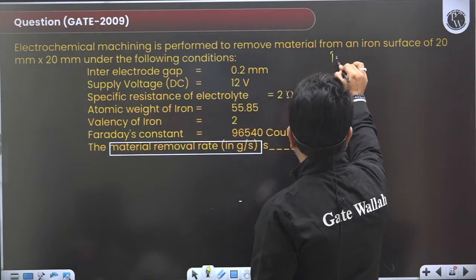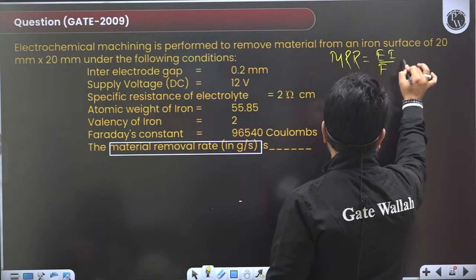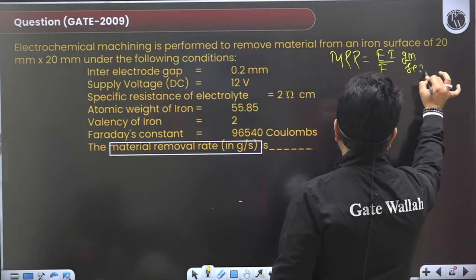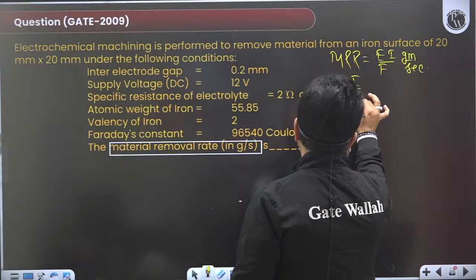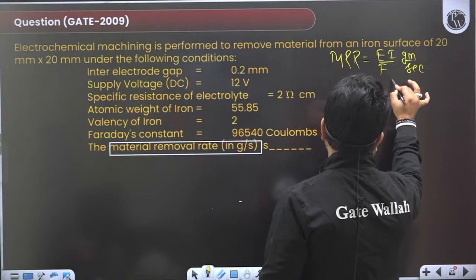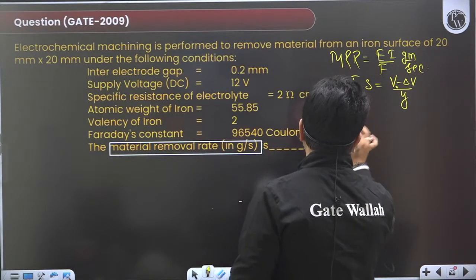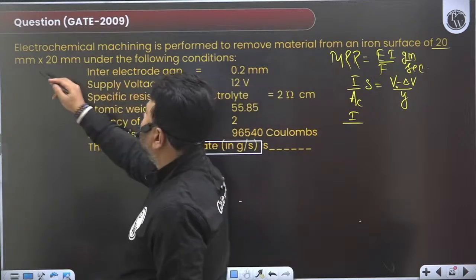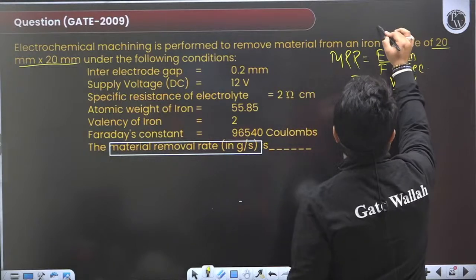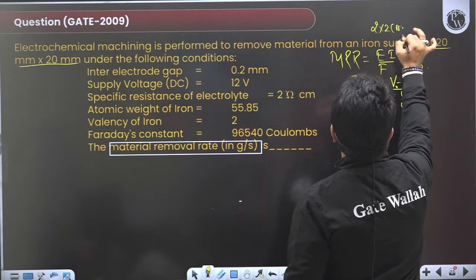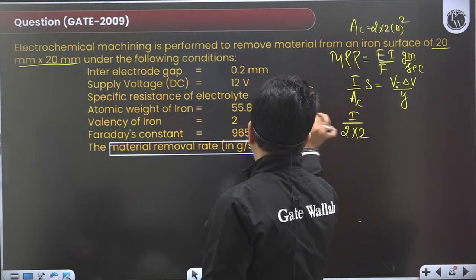Material removal rate in gram per second is E I divided by F. We need the E, but we don't have the value of I. So current density, that is I by cross-sectional area, equals S into (V naught minus delta V) by Y. Cross-sectional area is 20 mm cross 20 mm, so 2 into 2 centimeter square, because here specific resistance is given 2 ohm centimeter.